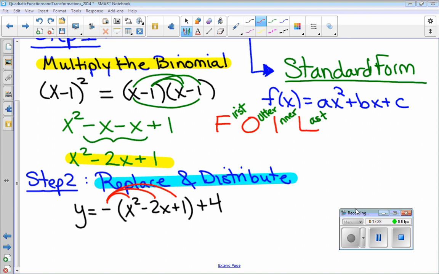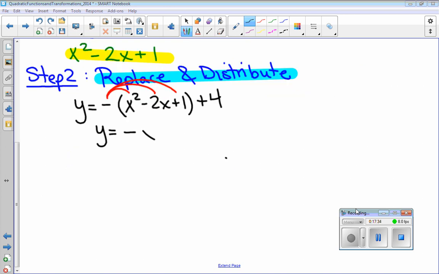So when I do this, I'm going to have y equals negative x squared plus 2x minus 1 plus 4. So I've replaced and I've distributed. The last step is just going to be to combine like terms.